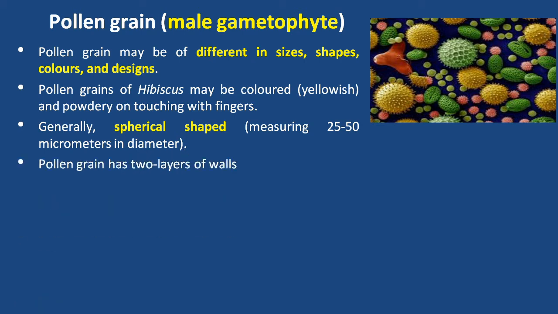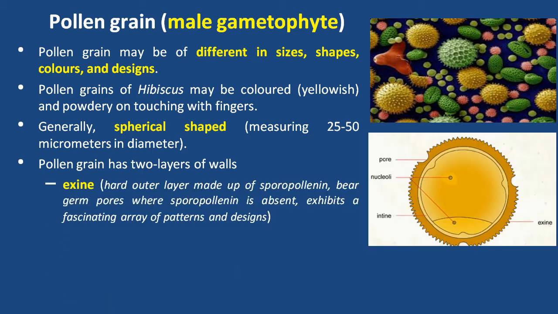Pollen grains have two layers of walls which protect them. So the outer layer of wall is called the exine, which is usually made up of sporopollenin, a hard material which is very durable. So sporopollenin is the material present within the exine, the outer layer of the pollen grain.